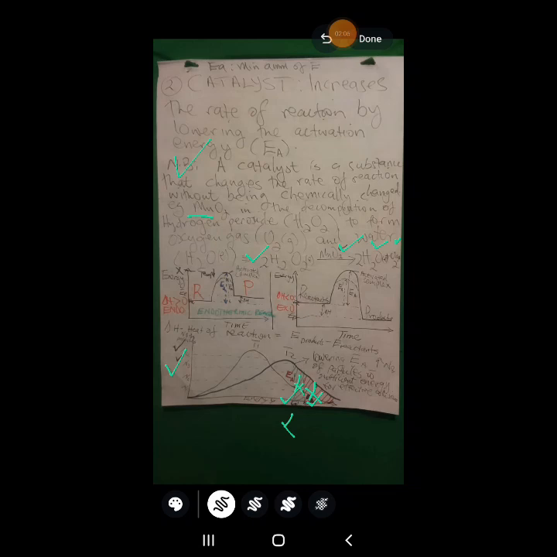So now the proportion of particles with energy sufficient for effective collisions includes the red shaded area plus the green shaded area. In other words, lowering the activation energy results in a higher number of particles that are capable of colliding effectively. If you consider, say for example, the graph at temperature T2, you are going to realize that at the activation energy EA, you extrapolate to the graph, then if you read off the number here, you are going to get N3.